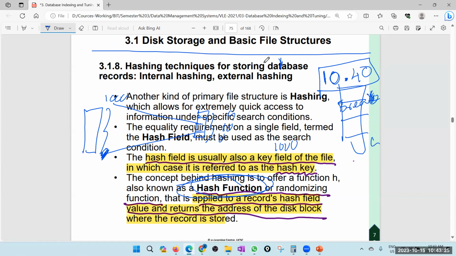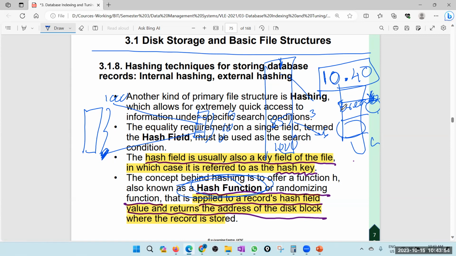So that hash function will always convert any of these values from 1 to 1000 into 0 to 9. And then if that hash function says it is 3, that record is in the third block. If my employee number is 857 and my hash function converts it to 6, that record is in the 6th block. Okay, so that is the idea.